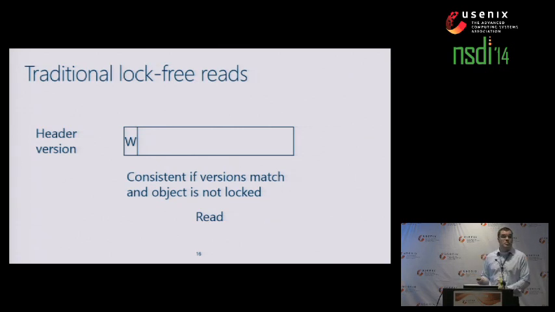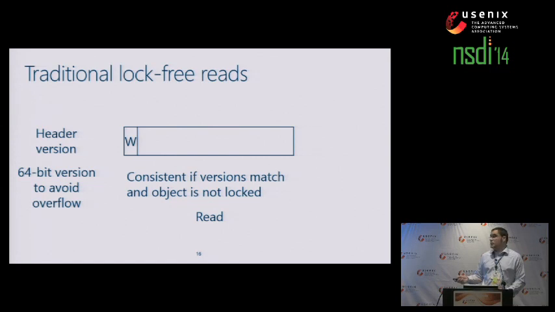This is another example of an optimistic concurrency control primitive. Just a note here: for this to work, we need to avoid overflows of the header version, so we use 64-bit versions in the header. This is a nice way of implementing log-free reads on a single machine system, because we avoid locking during reading, which improves performance a lot.